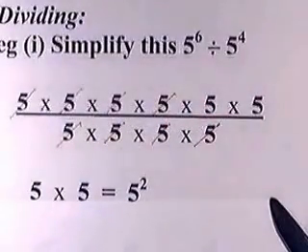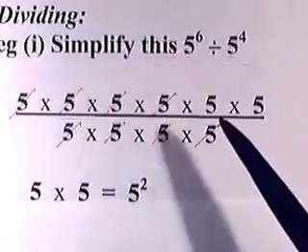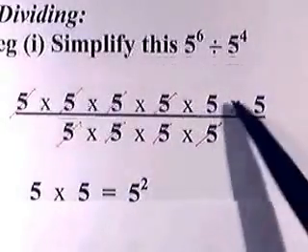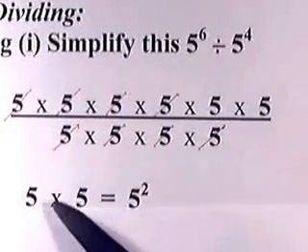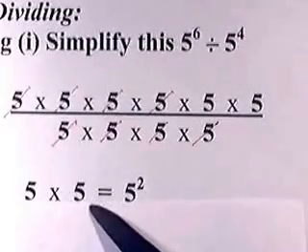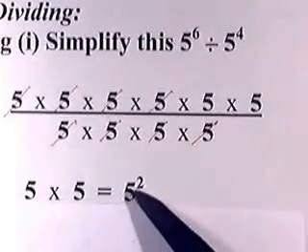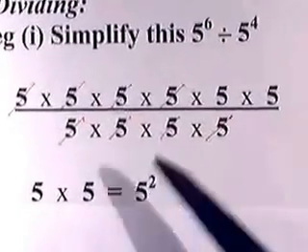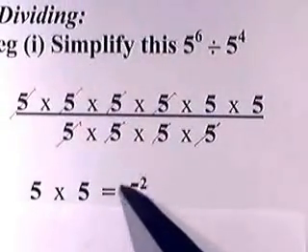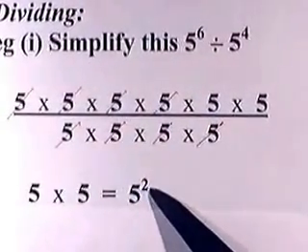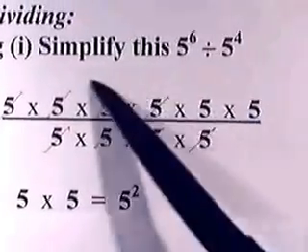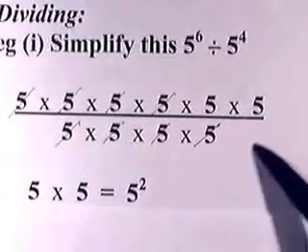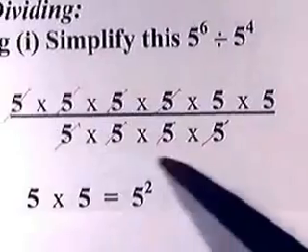That leaves us, as you can see quite nicely, with just these 2 5s left. 5 times 5, which is another way of saying 5 to the power of 2. Well, the question is, can we get to this answer of 5 to the power of 2 in a quick way without having to go through all of this writing out and cancelling?